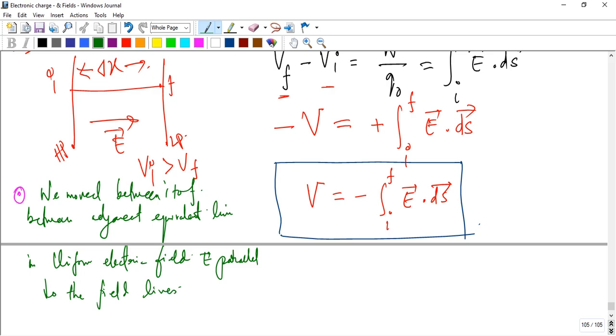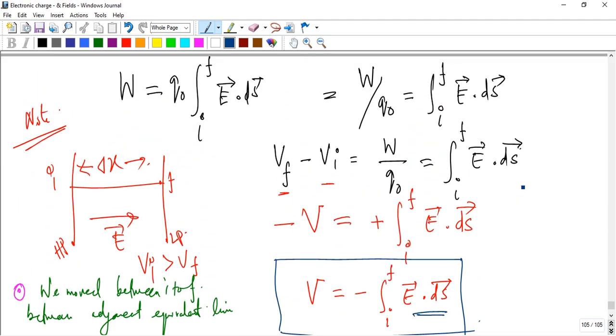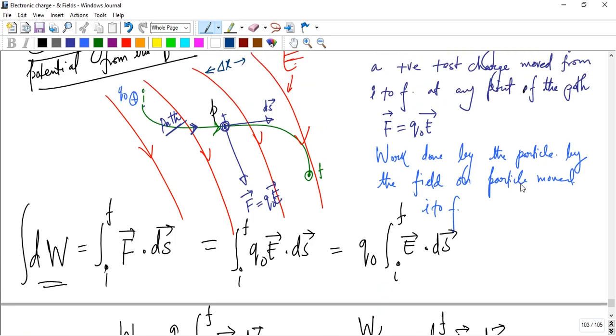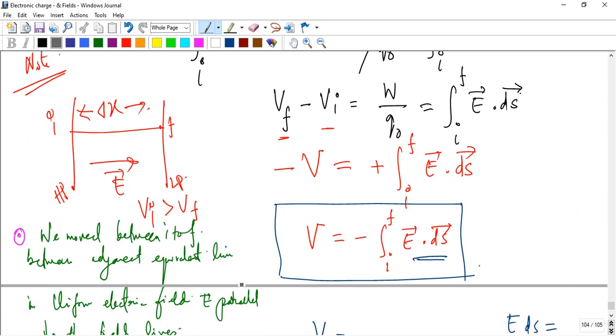Now if I take the integration, V is equal to minus the integral of E dot ds. We know that is E ds cos theta, both in the same direction. The surface is the equipotential surface, and ds is in the same direction.